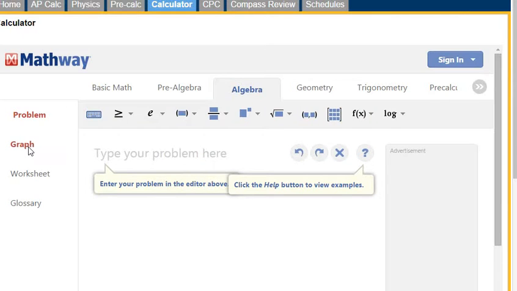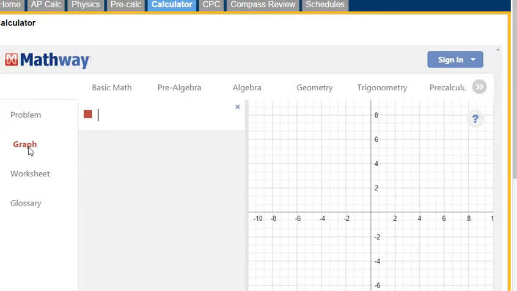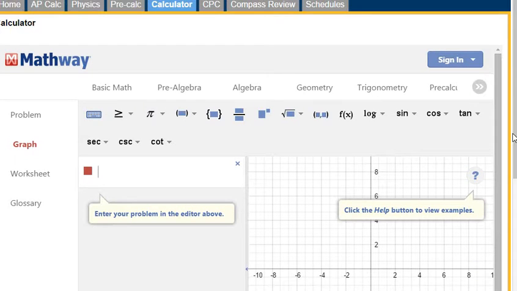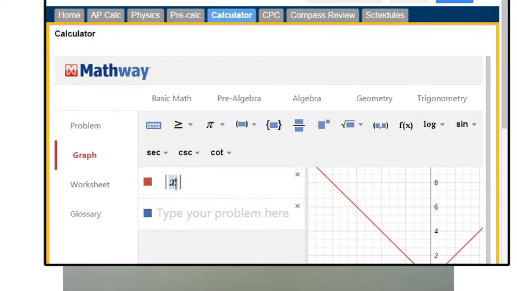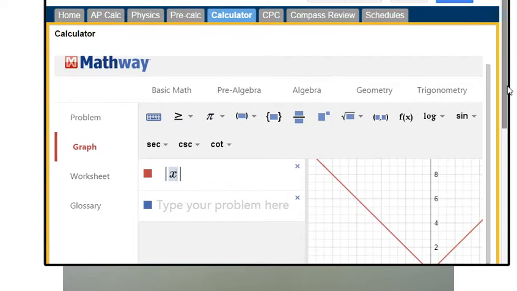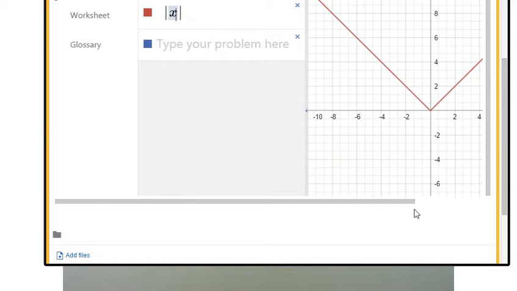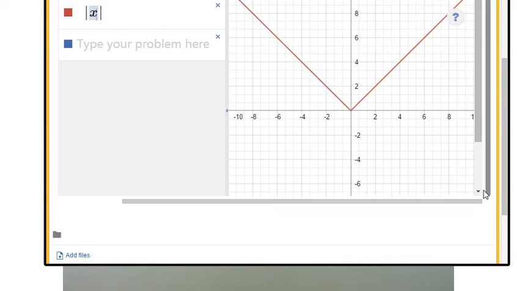So I'd like to graph the absolute value of x. Let me fit this in the screen a little better. That red line is the parent function, the absolute value of x.